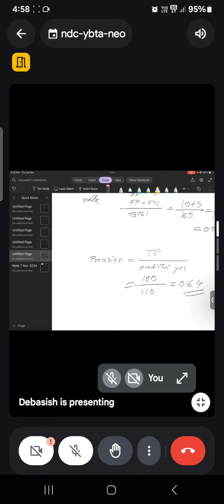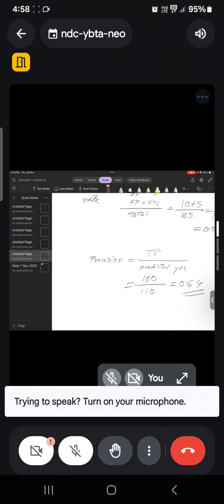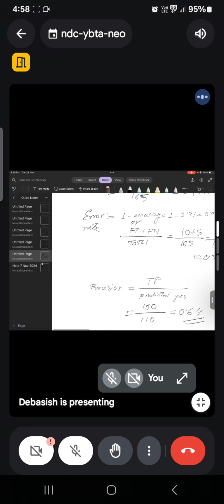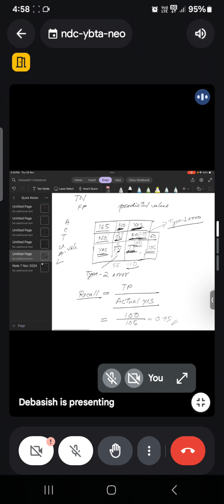So this predicted yes, it also comes with the false negative? No, actually false positive. Yes, we are saying yes. In here you just say it is saying yes. That's why we are considering false positive and true positive also. If it is yes, then we are considering. Negative, we will not consider.